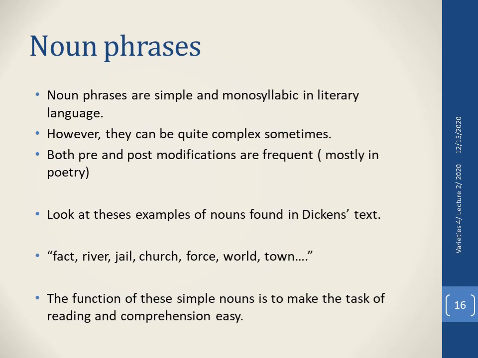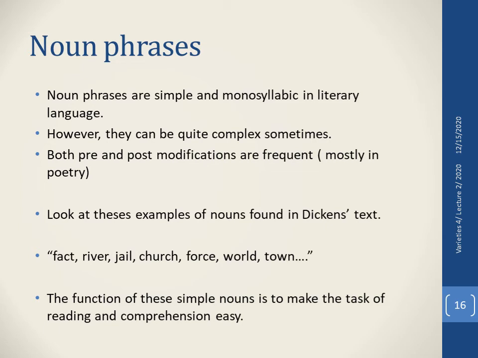Now let's move to another part of stylistic analysis, the part of noun phrases. Noun phrases are generally simple and monosyllabic in literary language. However, they can be quite complex sometimes. Both pre- and post-modifications are frequent, and mostly in poetry indeed.